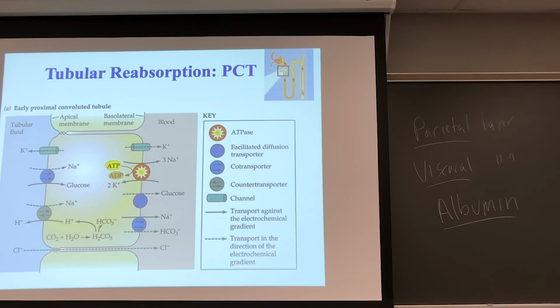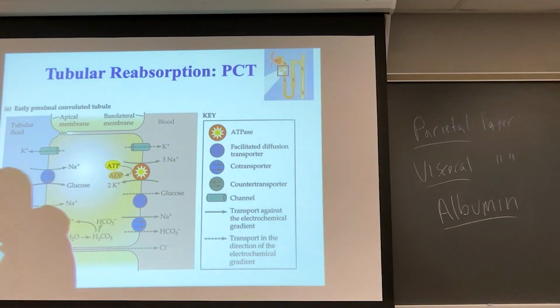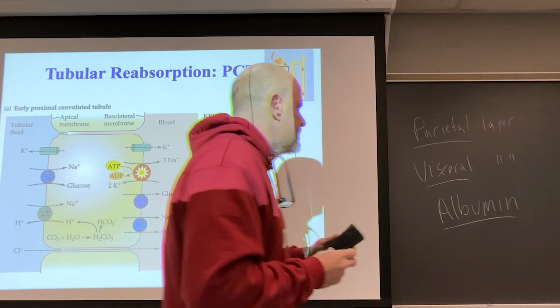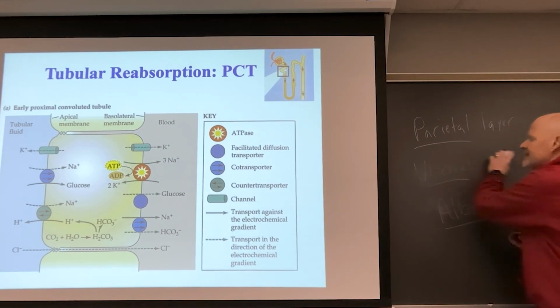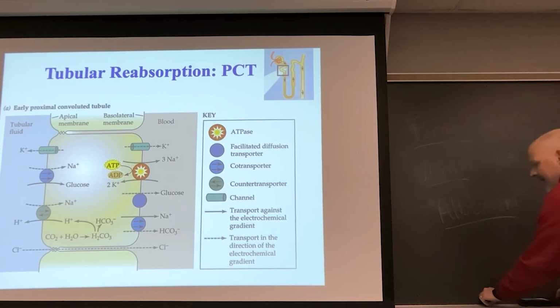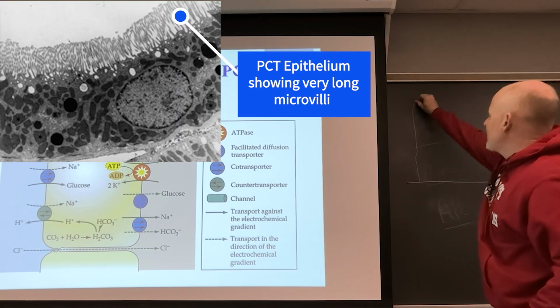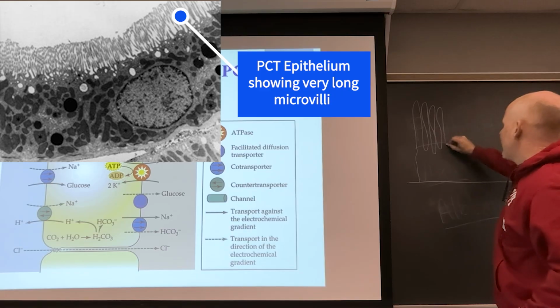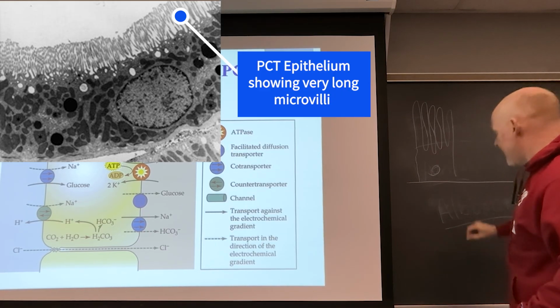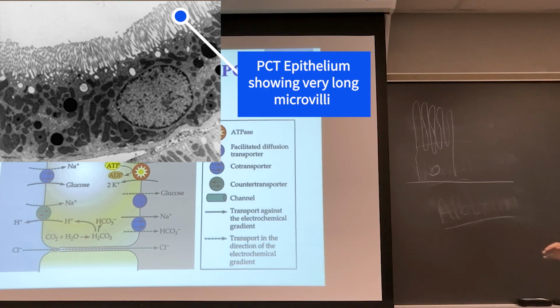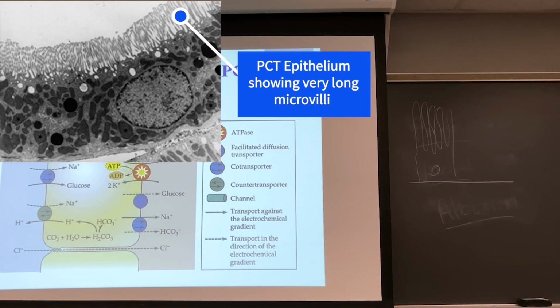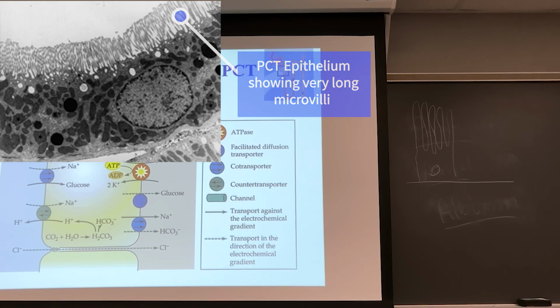And the first thing that you'll notice, and you probably noticed this when you did some histology sections of the PCT, is that the epithelium is a cuboidal epithelium, and that epithelium has some of the longest microvilli you'll ever see in a cell. I mean, the surface area of the apex is phenomenal. They're so tall that it's almost like the PCT's lumen is completely covered with these microvilli.